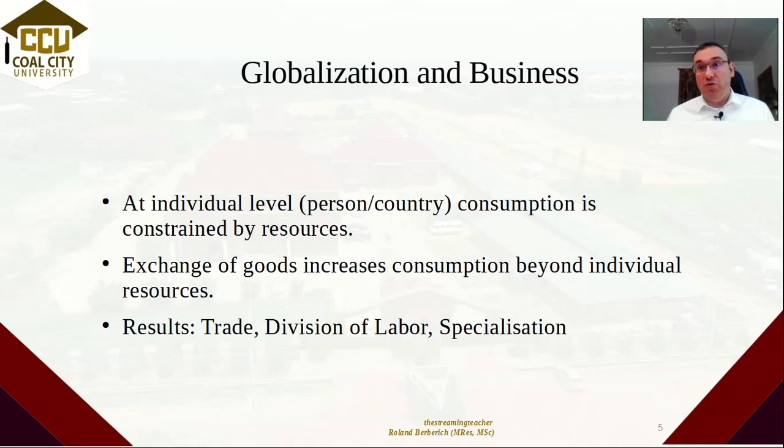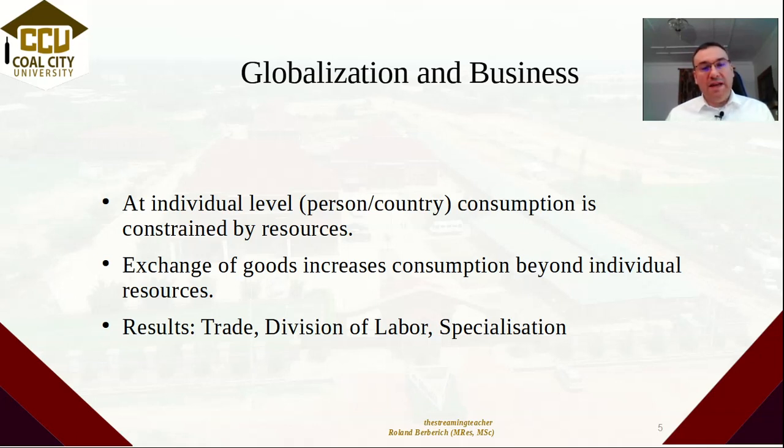Imagine there is no trade, but as we will soon see, trade has always been around. Trade means that we start exchanging goods with one another on either an individual basis, corporate basis, or on a country-to-country basis. Obviously, the actors are not necessarily countries, but individuals and companies.